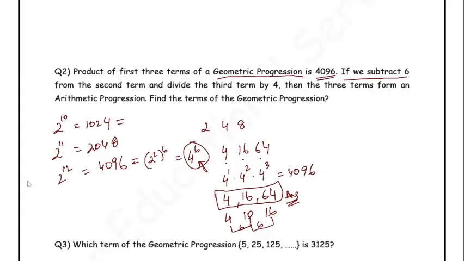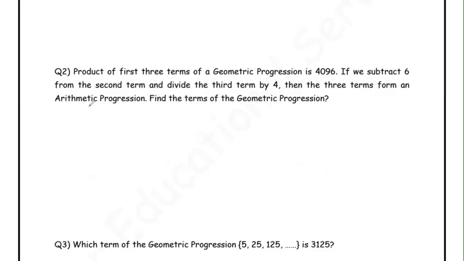But let's say you have to really sit down and do the math on this, then you would probably say, okay, let the first term be x, let the ratio be b, and then the second term will be b into x, and the third term would be b into b into x, so that when multiplied gives you 4096.